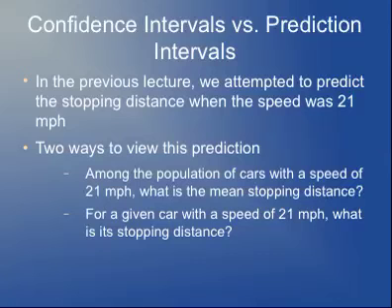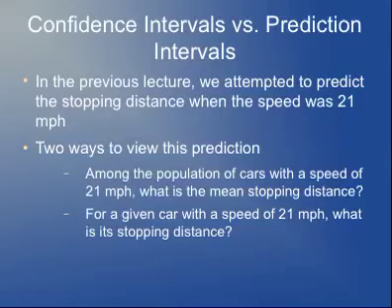The other thing we may be trying to approximate is, say we don't care about the population mean stopping distance for cars going at 21 miles an hour. We just have one single car driving down the street at 21 miles per hour, and we want to predict the stopping distance for that particular car. In that case, we're not trying to predict the value of the population mean.